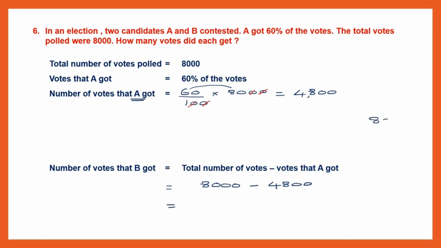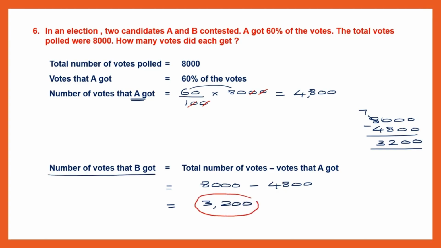So this is 8,000 minus 4,800. So that is 0, 0. Now this is 7 and 10. 10 minus 8 is 2. 7 minus 4 is 3. 3,200. So the number of votes that B got is 3,200. So the question is, how many votes did each get? So A got 4,800 votes and B got 3,200 votes.